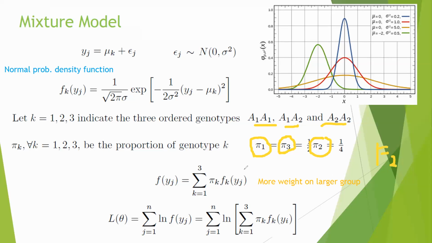Okay. Now, we use K equals 1 or 2 or 3 to represent the classification. So that's why you see K here, right? If this individual comes from the K category, then we can use this simple model to represent the phenotype like this.